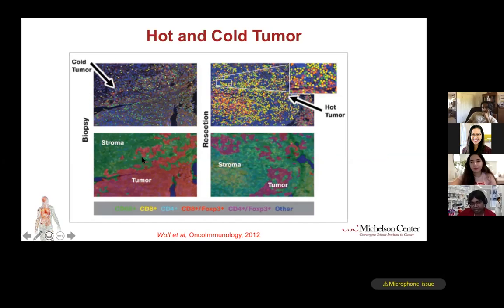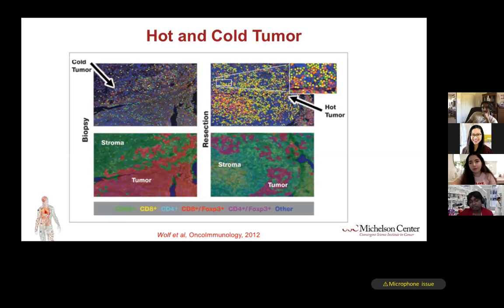You can see here that stromal cells and tumor cells are always interacting with each other. This is the overall density of tumor cells in a cold tumor, and this is in a hot tumor. If you have more and more cells, it's called a hot tumor, and then probably the patient would have a better prognosis. Again, this is in 2012.